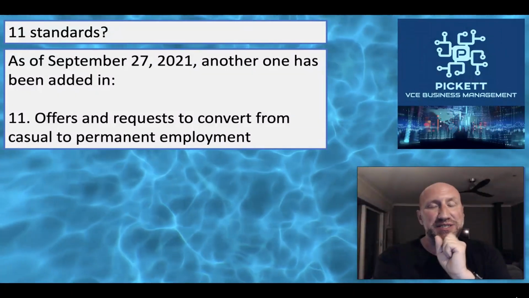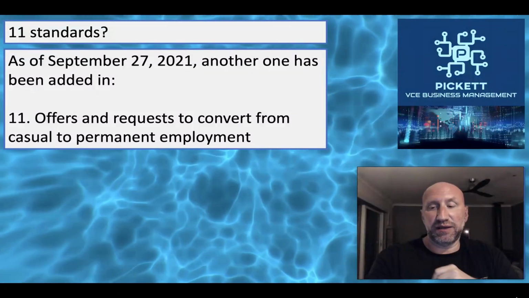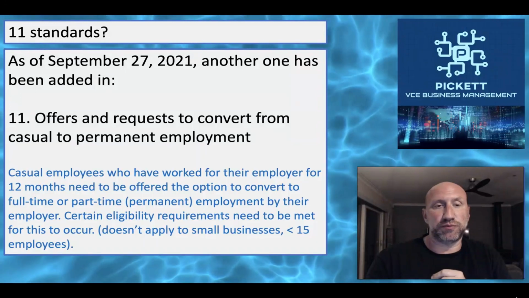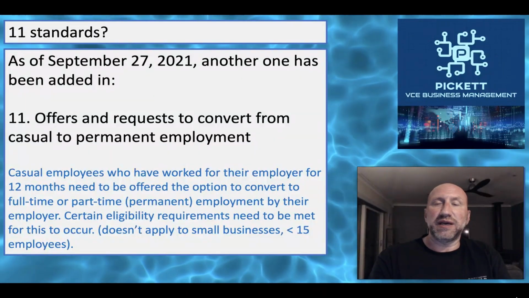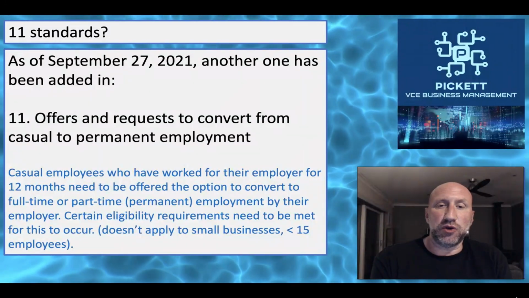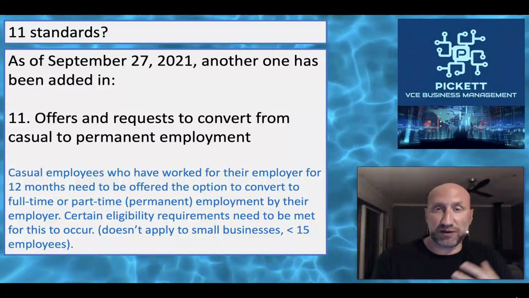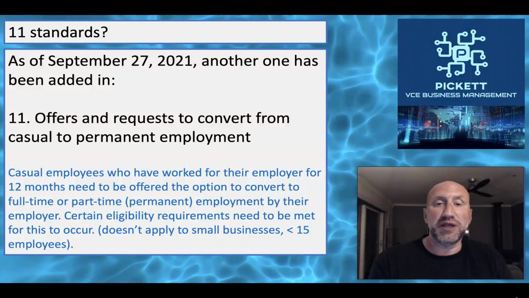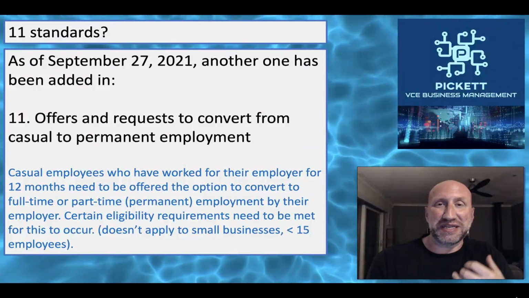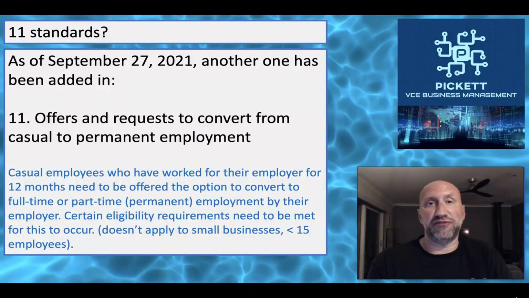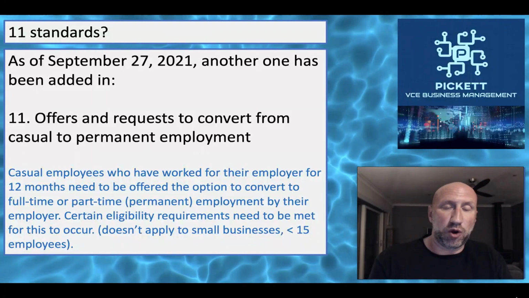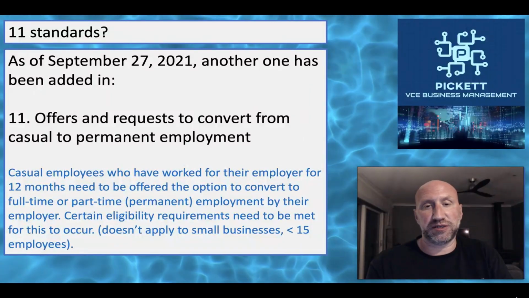So this is potentially particularly key for some of you that have jobs. What it means is casual employees who have worked for their employer for 12 months or more, so if you've been in a position for a year or more, your employer needs to offer you the option to convert to full-time or part-time permanent employment.